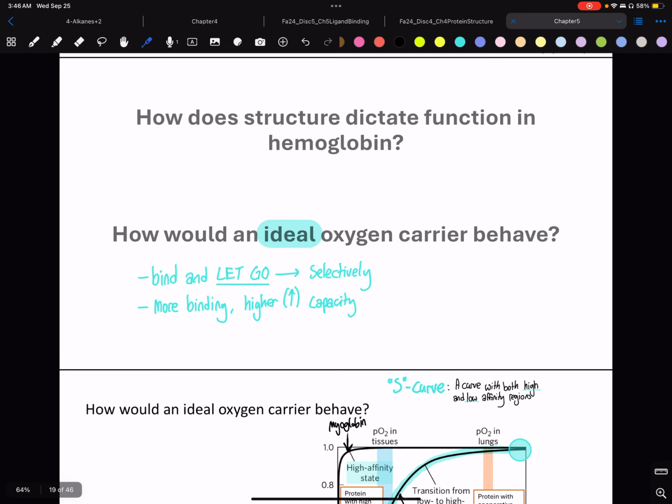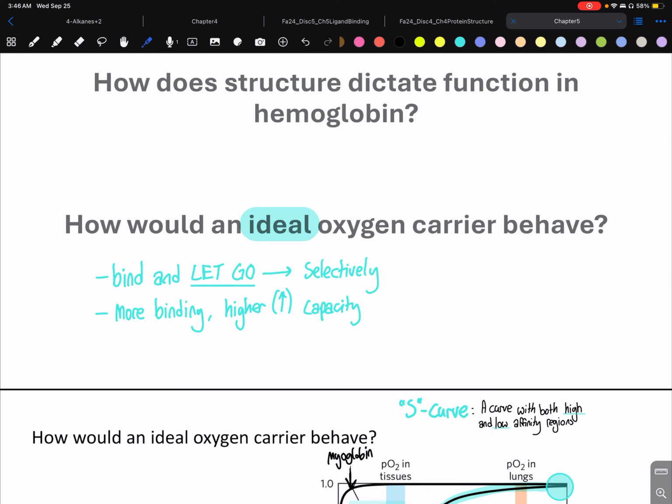So how would an ideal oxygen carrier behave? Ideally, we want to bind the oxygen and eventually let go selectively, so we want to make sure we're in the right environment when we let go. We don't want to let go willy-nilly in our lungs. We need O2 to bind so it can carry it out to the rest of our body. If we're just letting go in the lungs, it's not going anywhere, and that's not good.